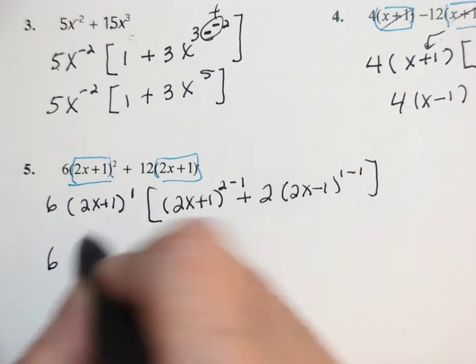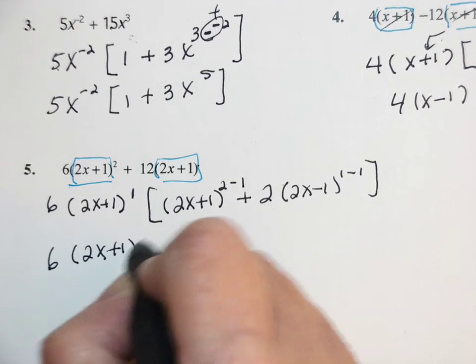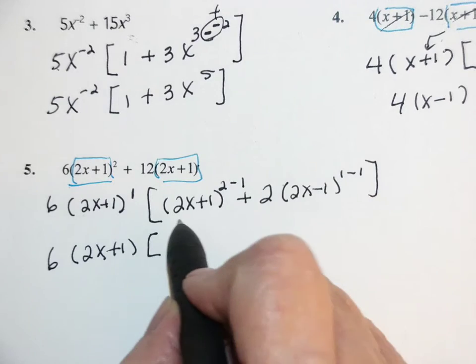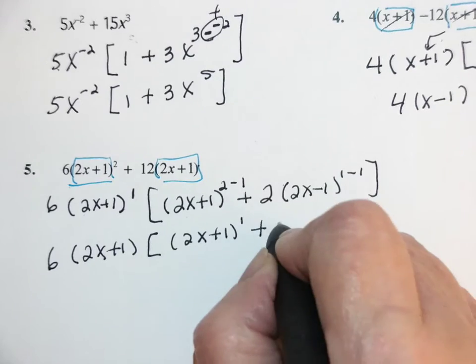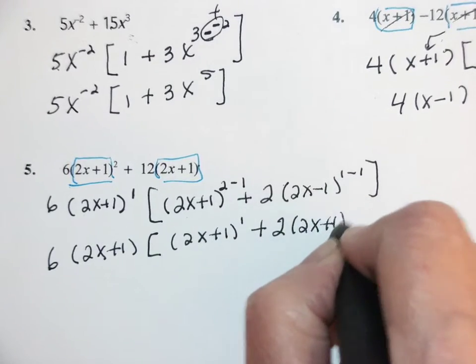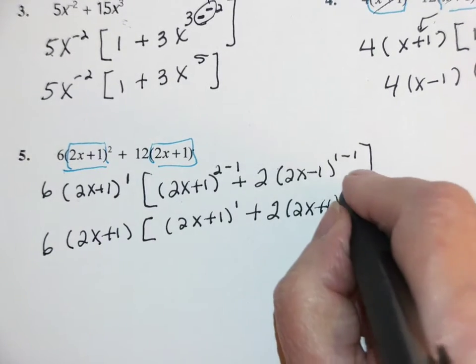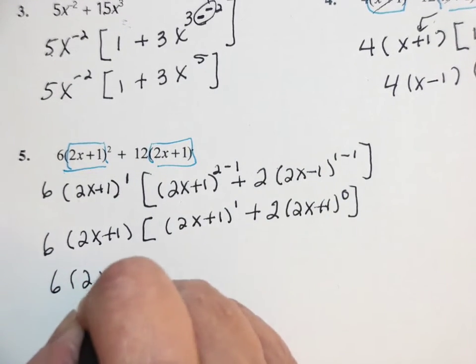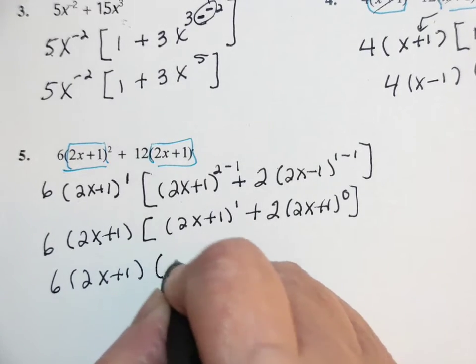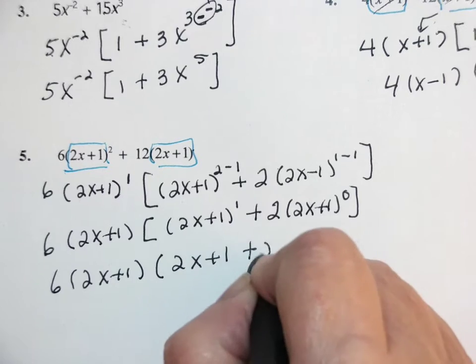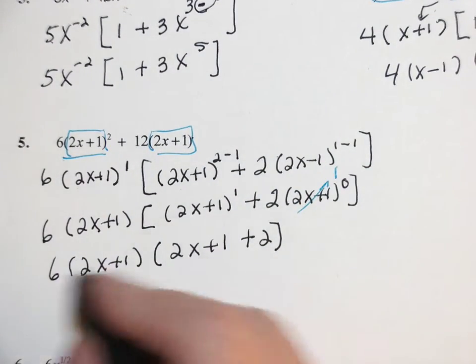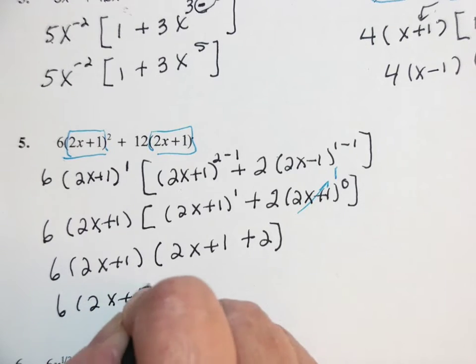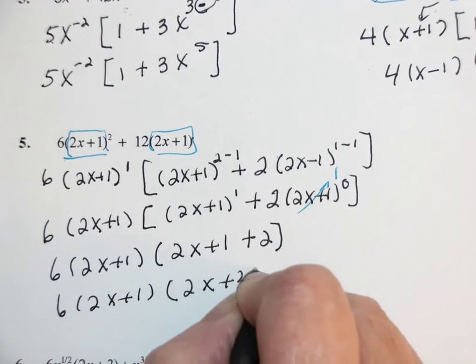So this becomes 6 times 2x plus 1 times 2x plus 1 to the 1 plus 2 times 2x plus 1 to the 0. 6 times 2x plus 1 times 2x plus 1 plus 2. Because this guy is just 1. Or 6 times 2x plus 1 times 2x plus 3.